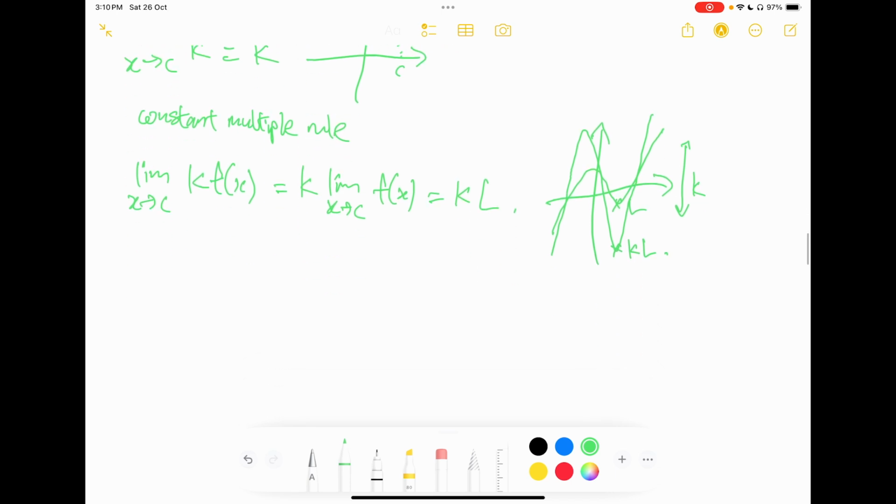All right, next would be the addition rule, where if you take the limit of the sum of two functions, you can essentially split that limit between those two functions.